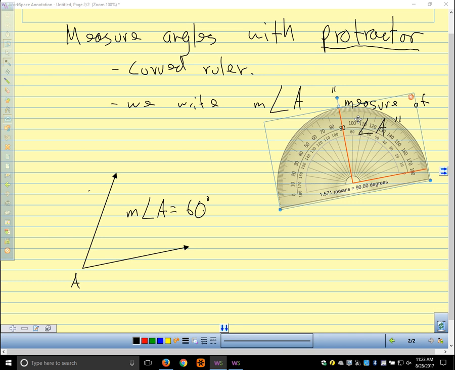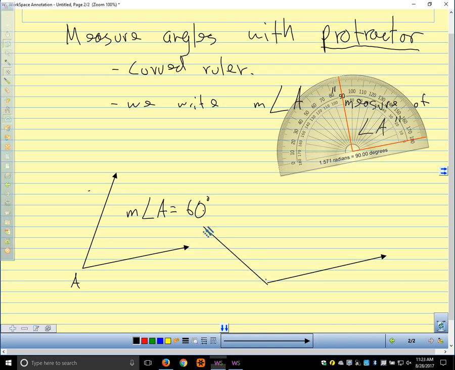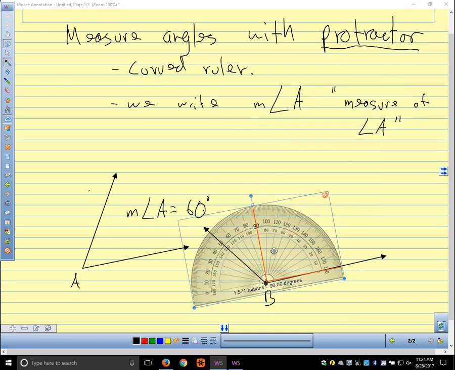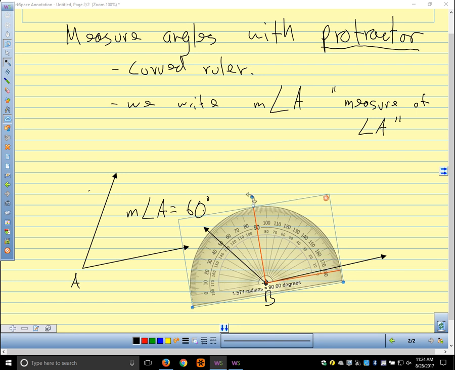And if we have a bigger angle, so let me draw this angle. Oh, let me undo that. I want to make it a little bigger, like so. And I'll call this angle B. Do the same thing. Put the X or the cross or the dot on your vertex.